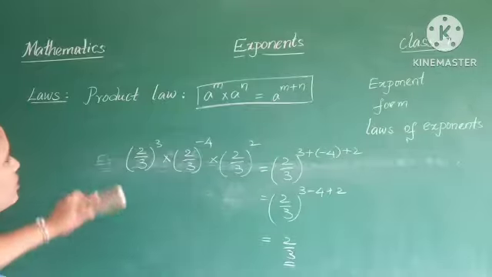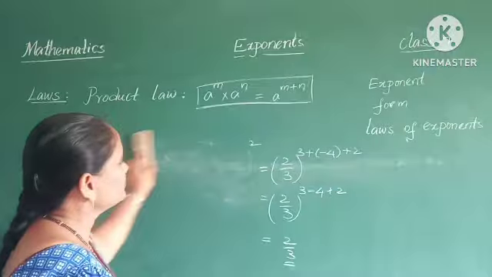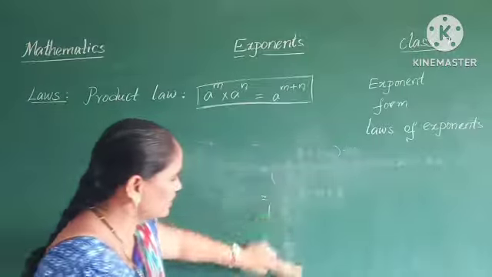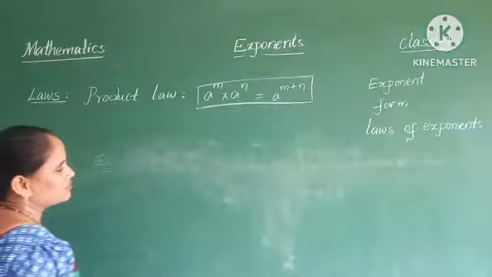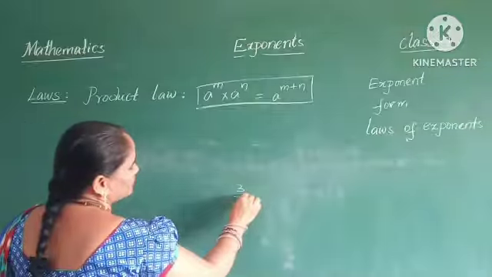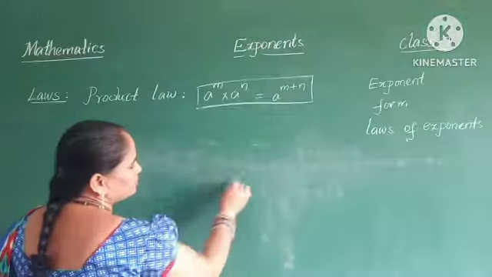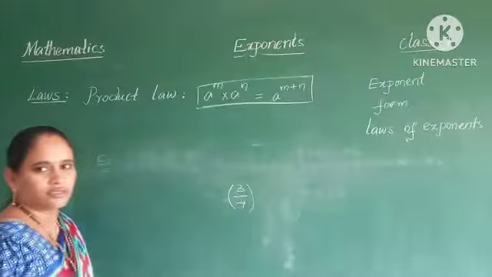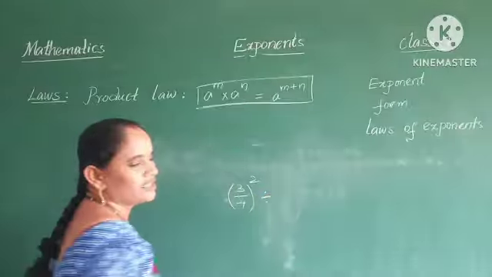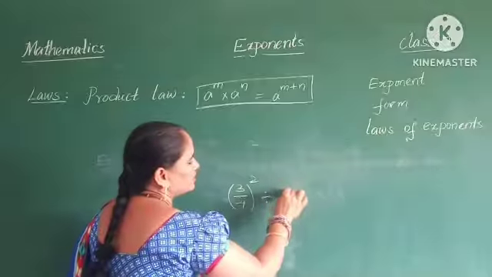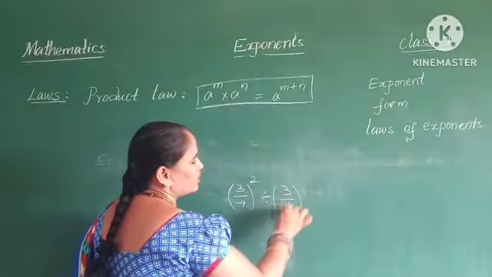Then we are going to another law. I will give one example for that. Before going to that law, look at this example. 3 by 4 whole square divided by 3 by 4 whole cube.